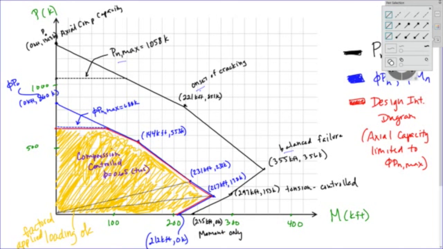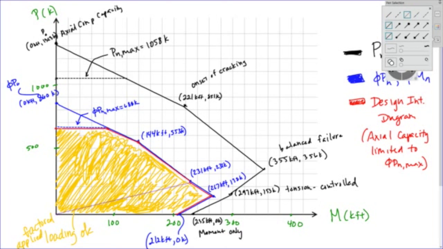So anything above, maybe I should have made it a purple line. Is it too late now? I'm going to make it a purple line because it's fun.